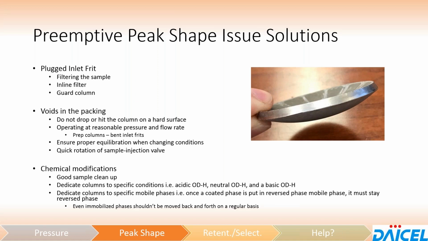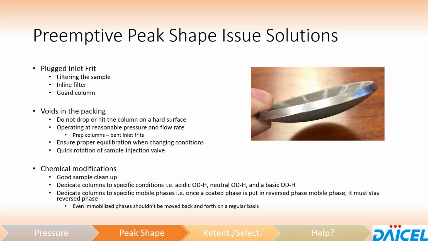And then also having dedicated columns to specific mobile phases is something that we do regularly here as well. If you have coated phases, in particular, if you put them in reverse phase, they have to stay reverse phase. The immobilized columns, as I have noted down here, can go back and forth between reversed phase and normal phase. There is a process for regenerating the columns.